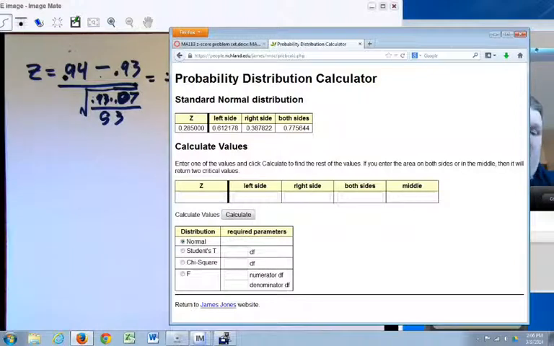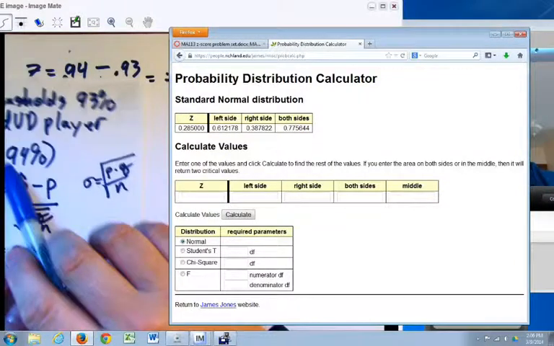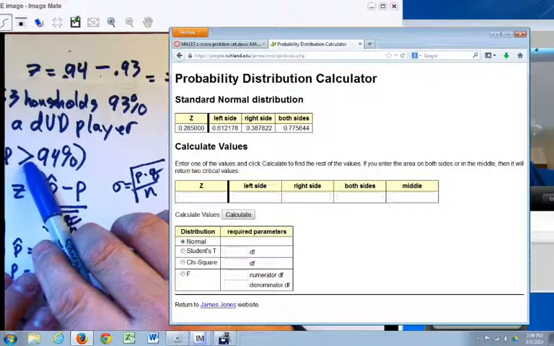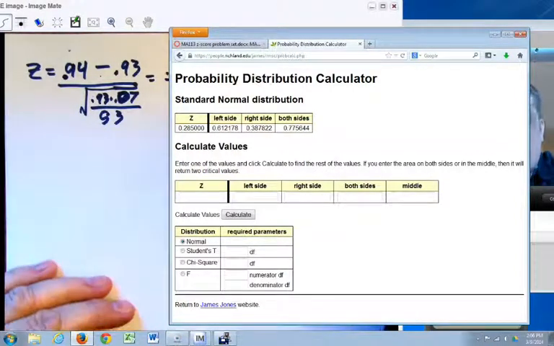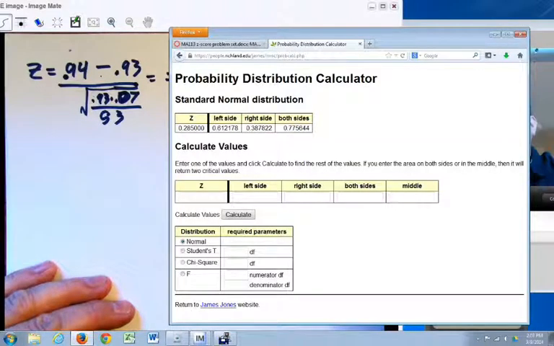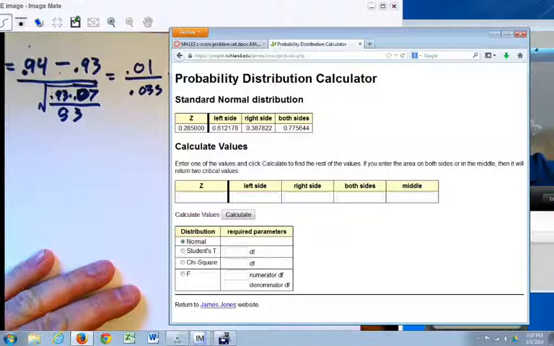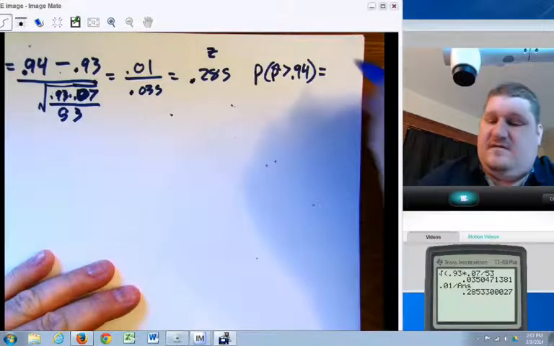Calculate that. I want greater than, so we're going to take the area to the right. So the probability that p hat is greater than 0.94 is 0.388.